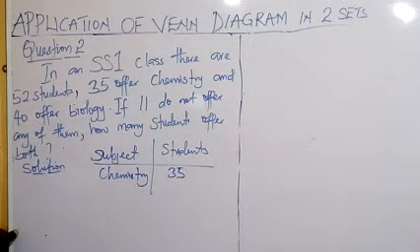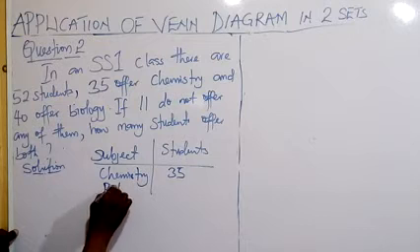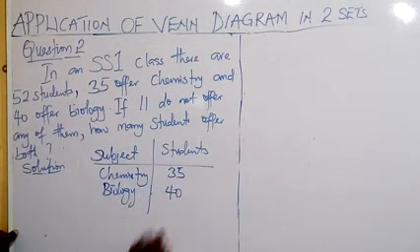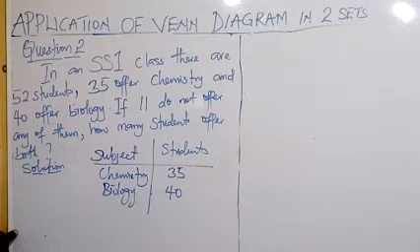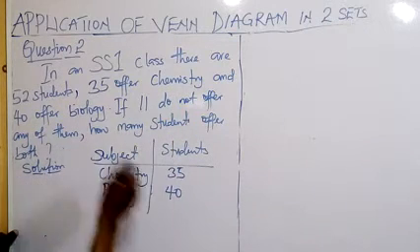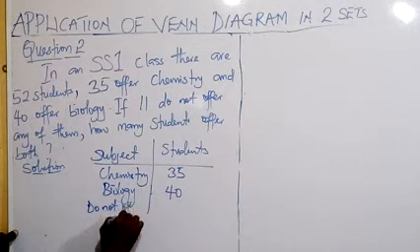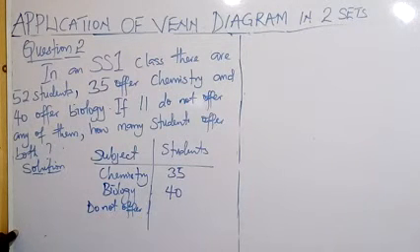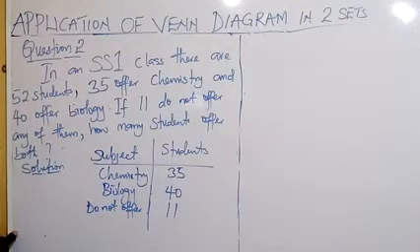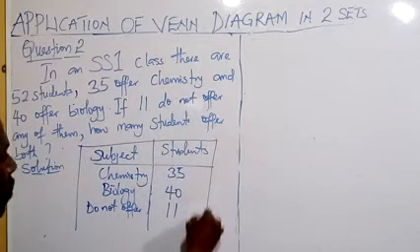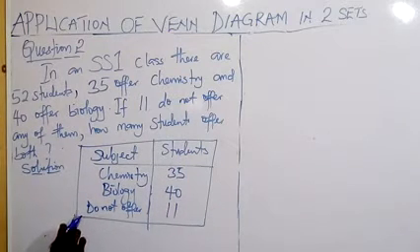And we're talking about biology. We have 40. Now the next one, 11 do not offer any of them. You can represent that they do not offer. How many? We have 11. So this is the table for the information for this question.